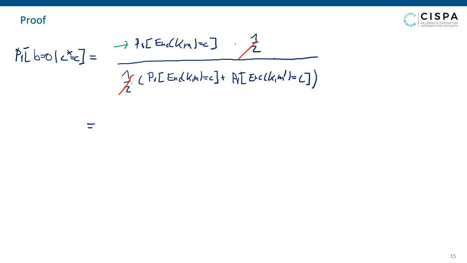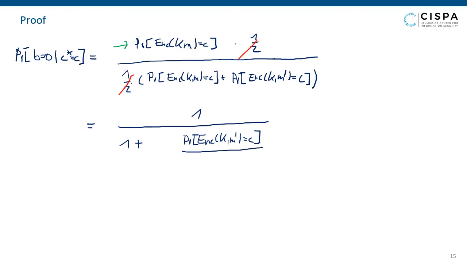I can write this as 1 divided by 1 plus the probability Enc(K, M prime) equals C divided by the probability Enc(K, M) equals C.